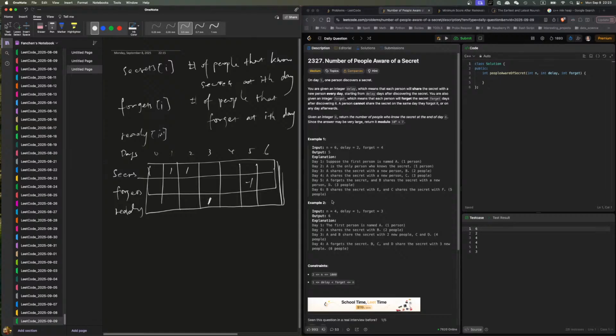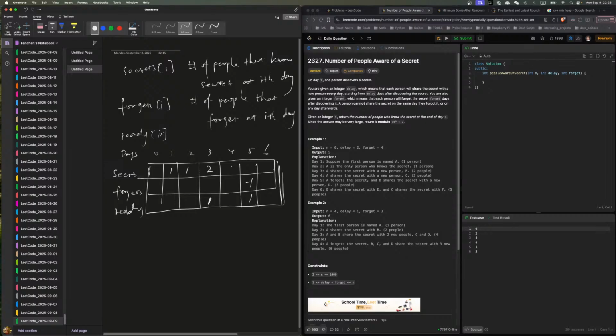So we add one person, ready to share will be 5. So additional new people ready to share is here, so we have 1 here. And forget, it's outside, so you don't have to worry, right? And now we add 1, so we have 2 people here, right?